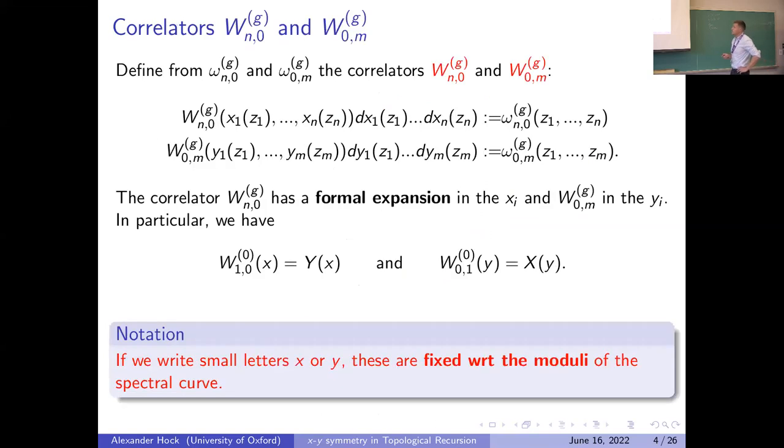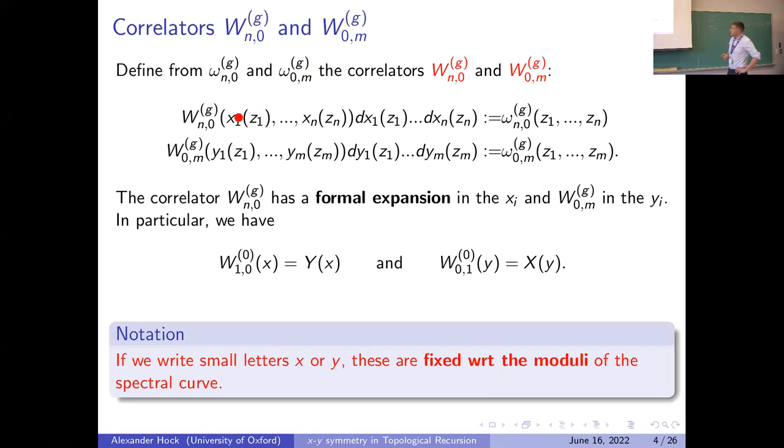Okay, next we define the correlators. These correlators are typically of interest in some combinatorial problems. In the Hermitian one matrix problem, these are the resolvents, and you compute the enumeration of maps.